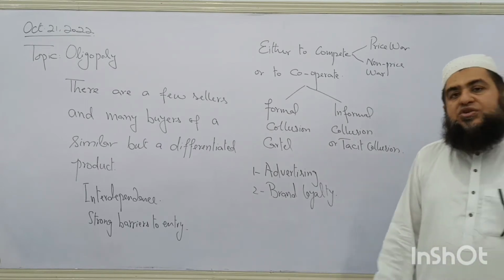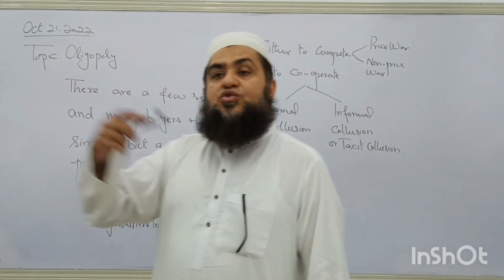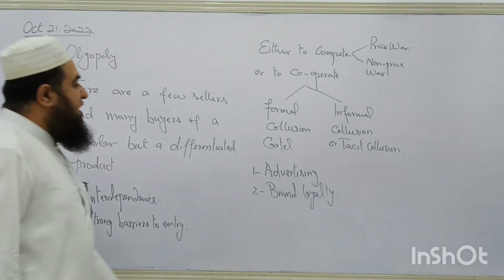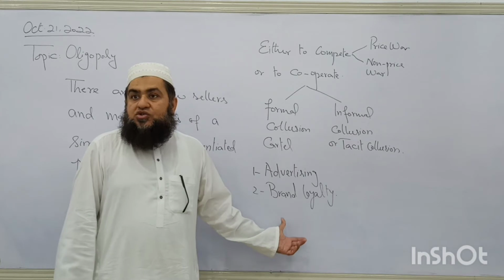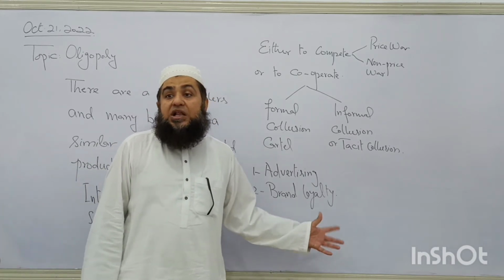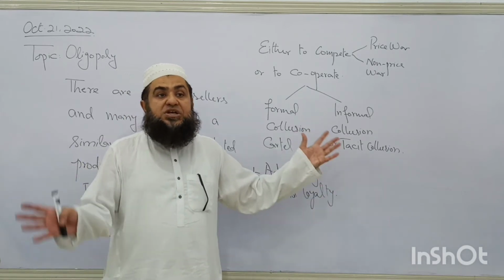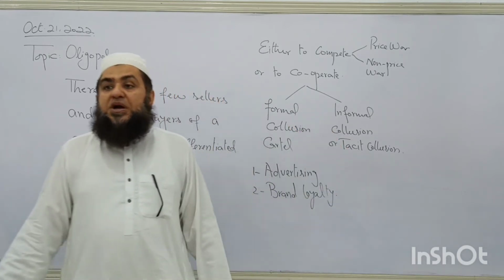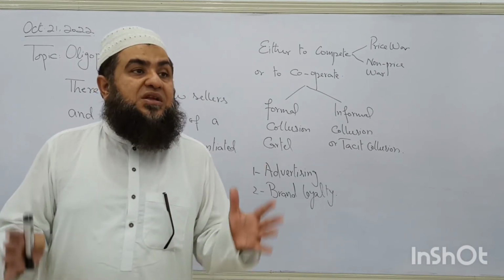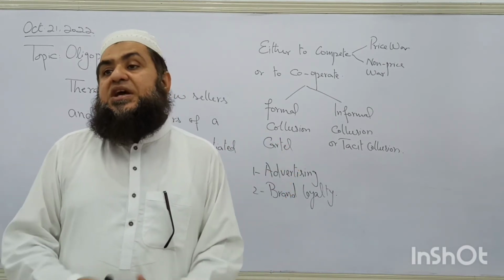He is not switching over from this product to any of the rival firms' products. So when consumers are brand loyal, the new firms will face this as a barrier. Although this is a non-price competition for the existing firm, for the new firm it will become a barrier. How to break the brand loyalty of the consumers?